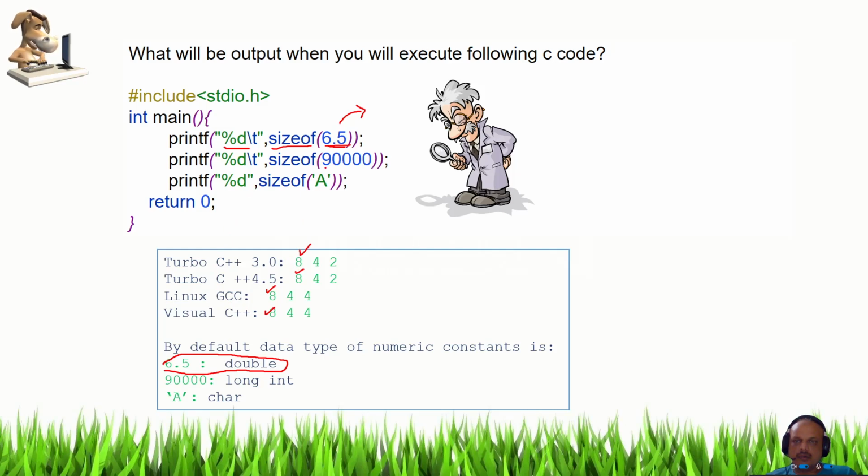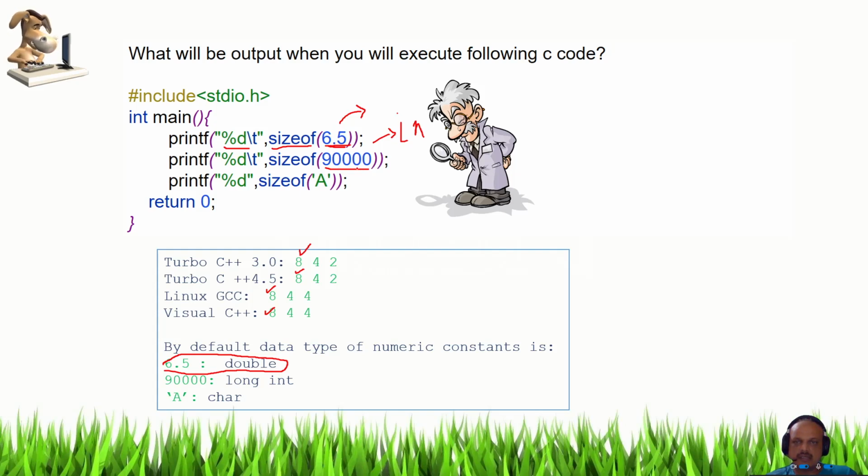Next, how many bytes of memory is required in order to store 90,000? So this type of data gets associated with that of a long int. Why? See what is the max data that an integer can store. Go back to my previous lecture and see what is the maximum data which an integer variable can store.